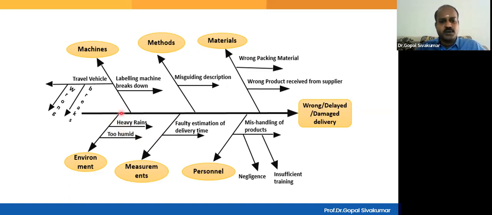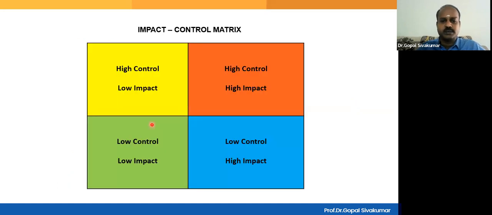We have poor control to control the rain. So then what we do is we will bring it under the low control category. And if you see that the rain can directly impact your products, then you can place it here. Or if you feel like even though there is rain, still it cannot influence your product to a great extent, then you can put it here, low impact. But however, in any case, you have low control.